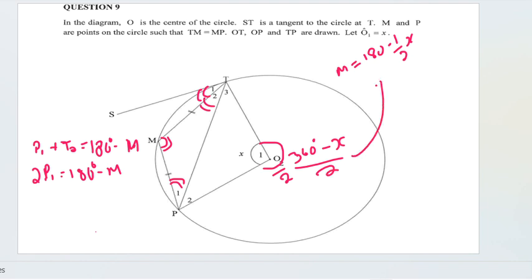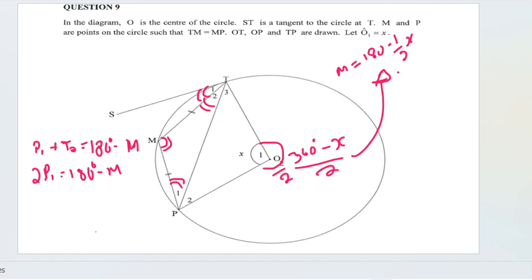Then the division of this by 2 is this one. Applying that, O2 is equal to 2 times M. The angle at the center is equal to 2 times the angle at the circumference.